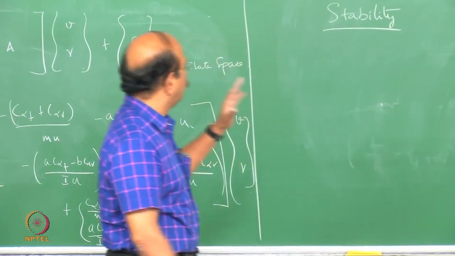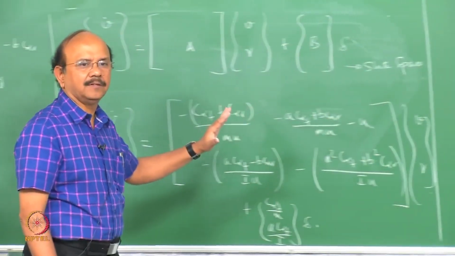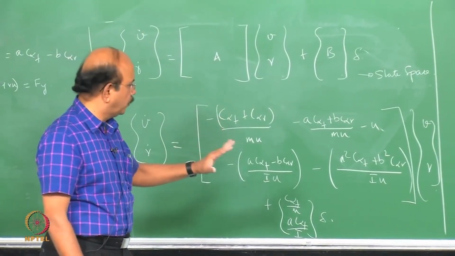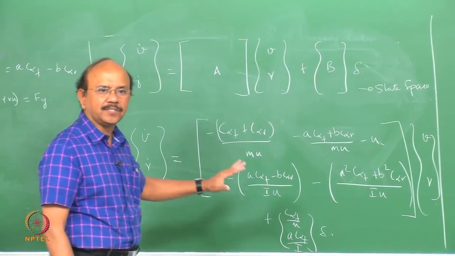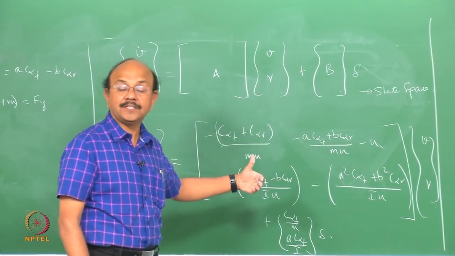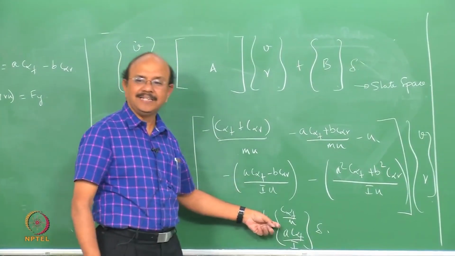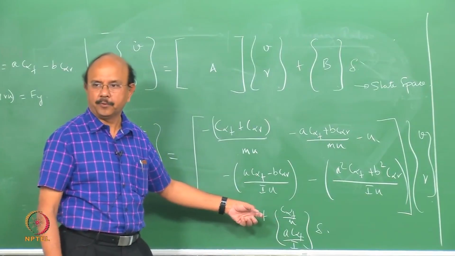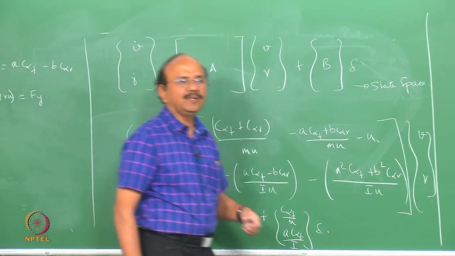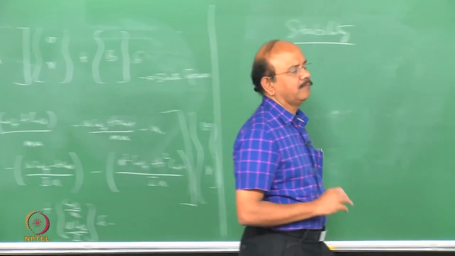Now, we are going to do exactly the same thing. We are going to put the inputs to the system equal to 0. In other words, I'm going to put delta equal to 0. This is the input to the system. This is equal to 0. Now, there's a confusion.